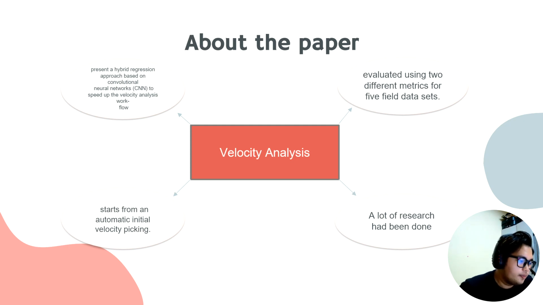So the proposed approach for this paper is a hybrid regression approach based on deep learning to automatically pick velocity function. So different with the traditional method, the traditional is doing it manually, and for this paper we did through the automatic.